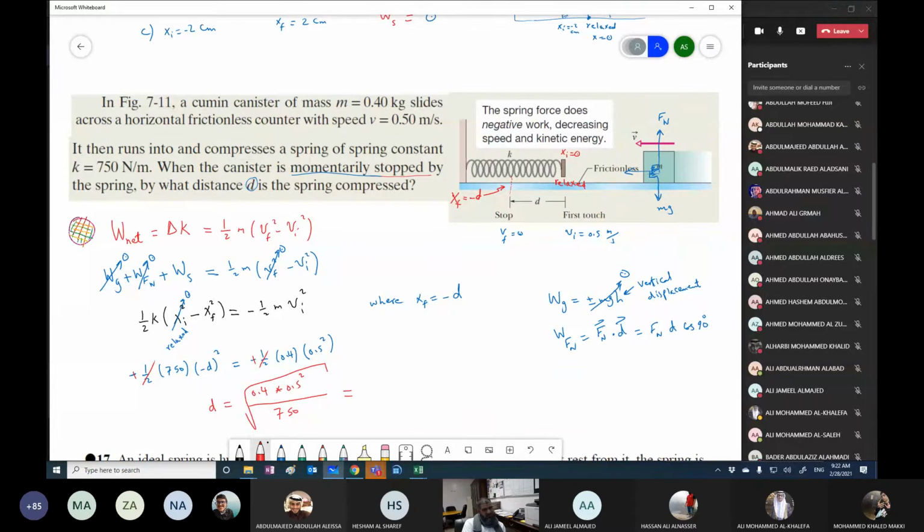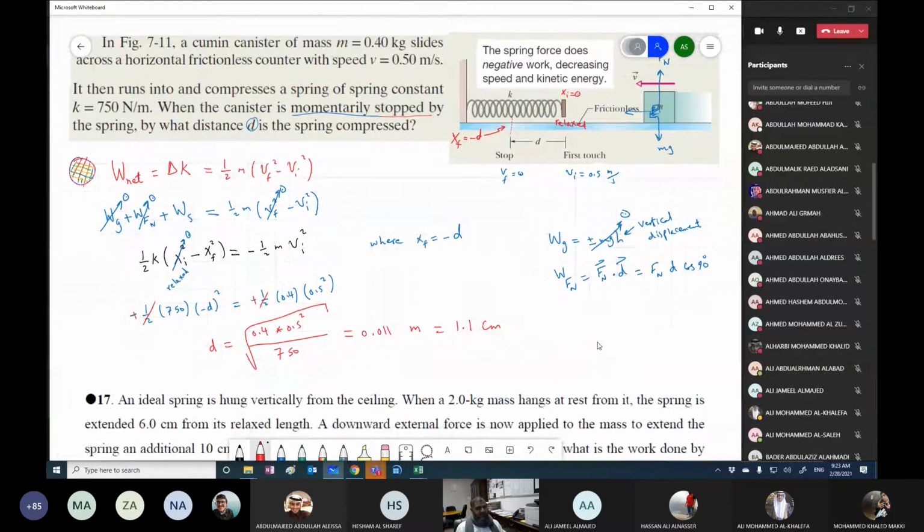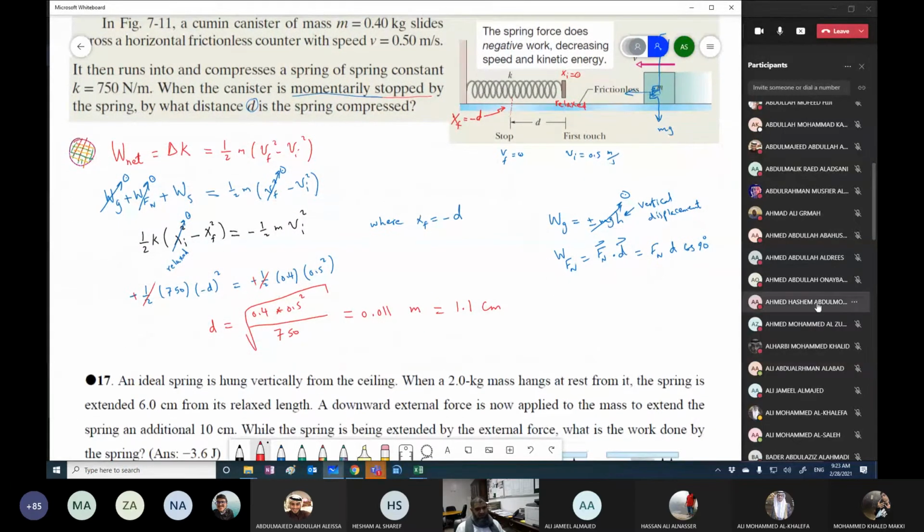How much is this d? Guys, it will come out in meters first. 0.011 I guess. Yes, correct. Multiply it by 100. This will be 1.1 centimeter. So the compression will be 1.1 centimeter necessary to stop this block while moving.